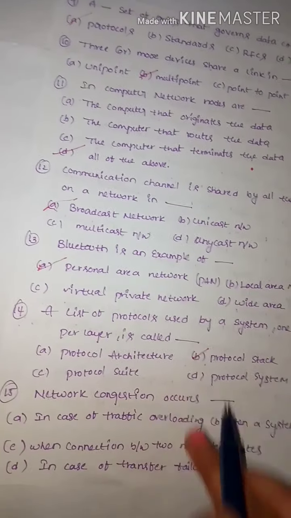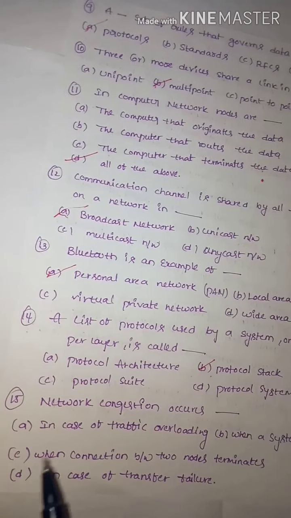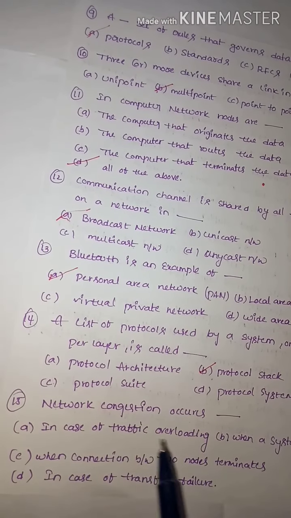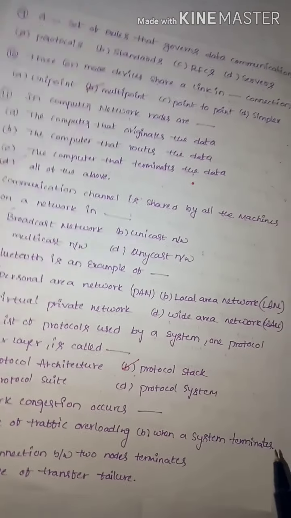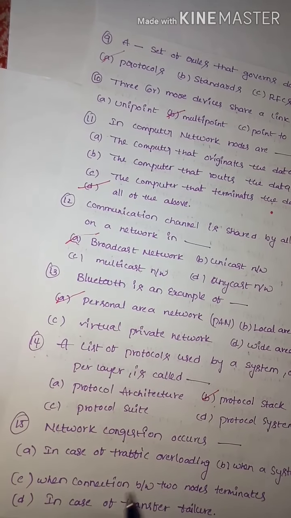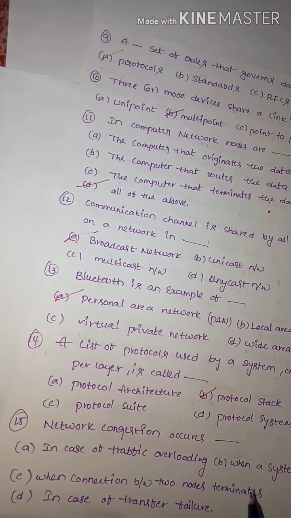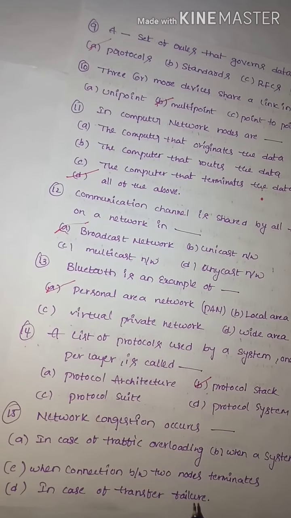Next one, network congestion occurs dash. Option A, in case of traffic overloading. Option B, when a system is terminated. Option C, when a connection between two nodes terminates. Option D, in case of transfer failure.